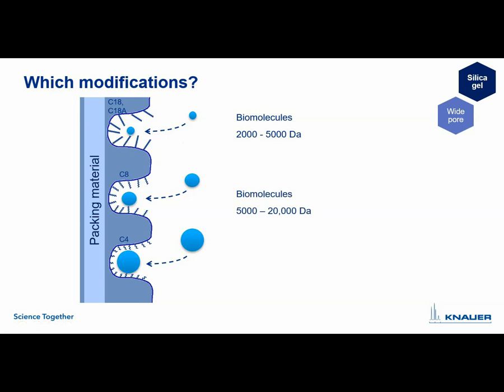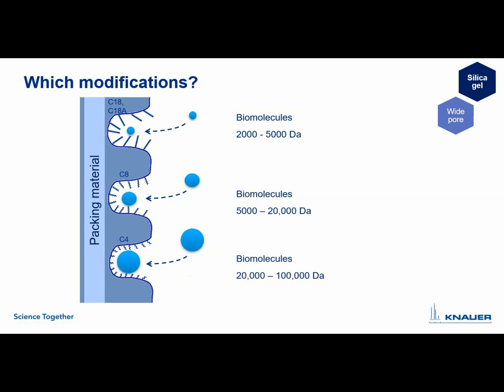So we say around 5,000 to 20,000 Dalton, you can use a C8 modification on a widePore material. And if it's getting really large, you can use a C4 modification. And here we can use biomolecules up to 100,000 Dalton in size.